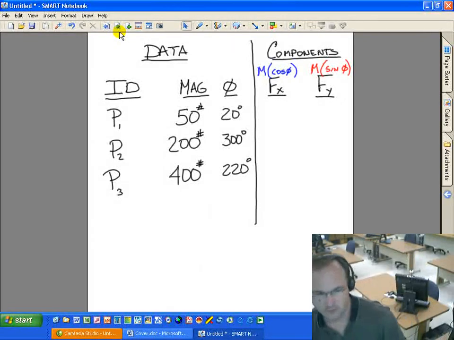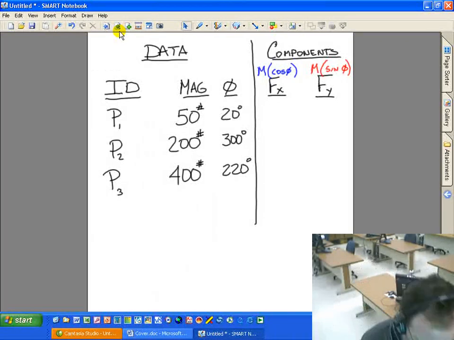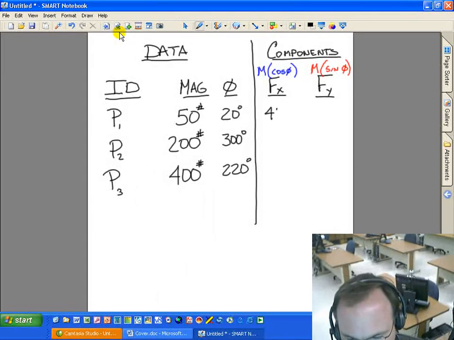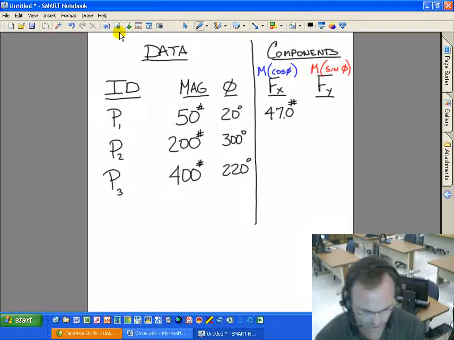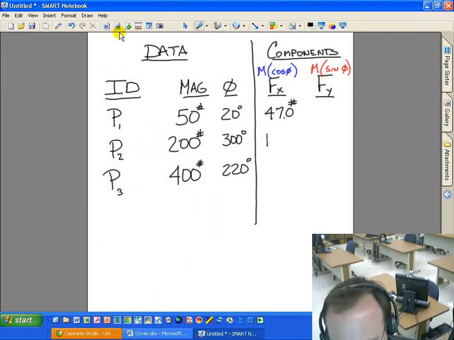And so, for P1, 50 times cosine of 20 gives me a value of 47.0 pounds. 200 times cosine of 300 gives me 100 pounds.